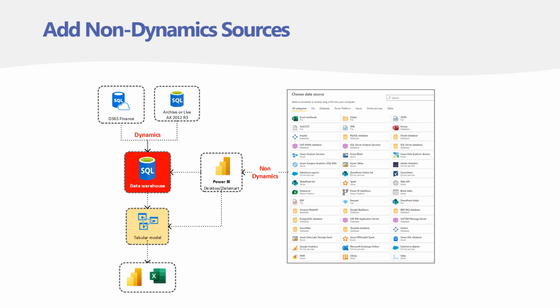Let me explain how it works. The Power BI IT team, customer IT or partner IT, would take Power BI and create a model where you would query any of the external non-Dynamics data sources, and each table, each source would result in one or multiple queries that are a part of the Power BI desktop.